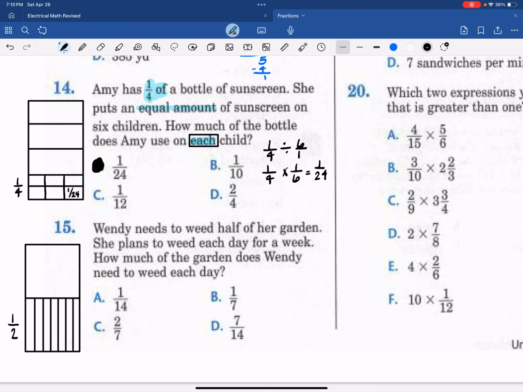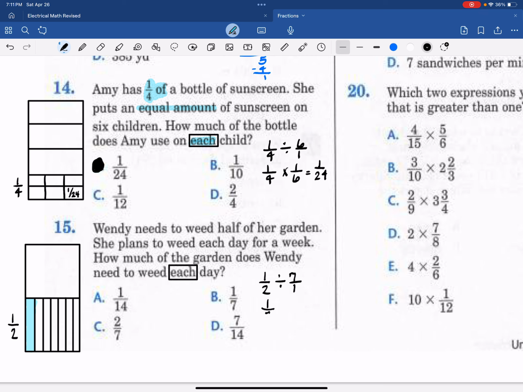And we want to know what one of those sections is. This is 1 day's worth of weeding. So what have I done to my model? I have taken 1/2 and I have divided it into 7 equal parts. Here's a clue: each day.